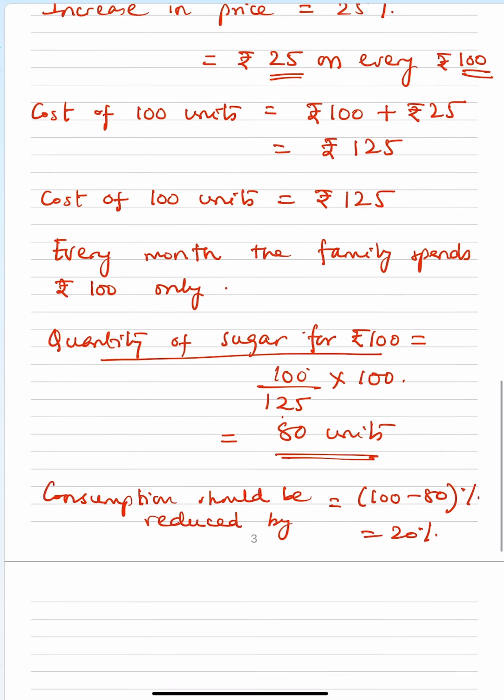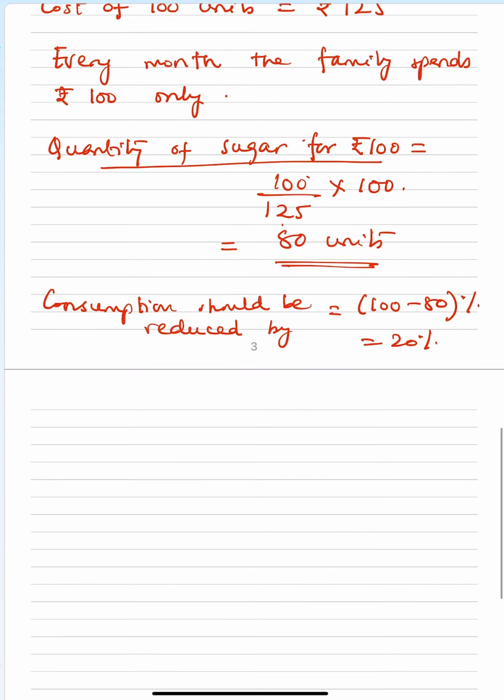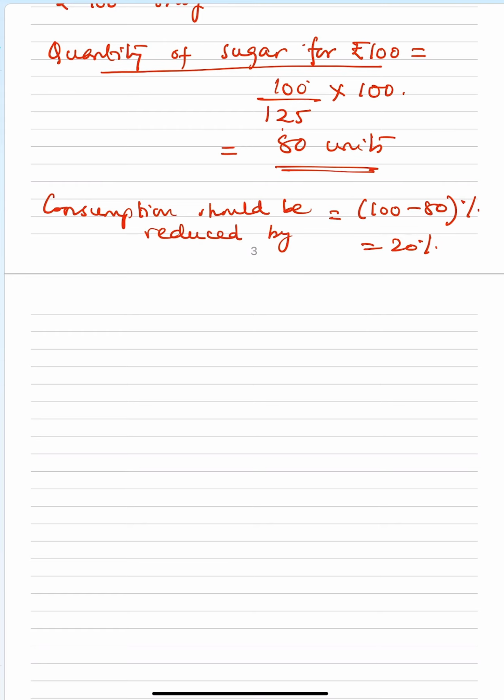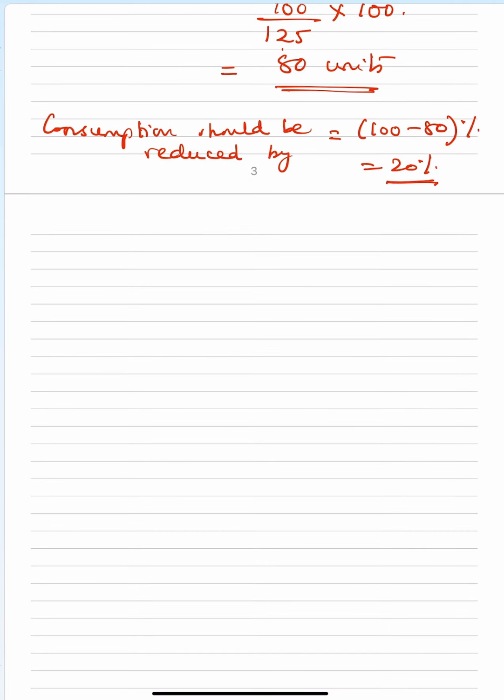But the cost of 100 units after the increase is 125. Every month this family is spending only 100 rupees. So in 100 rupees, how much quantity of sugar will come? We get 80 units after the price increase. So they should decrease by 20 percentage. Okay, so this way you need to do the sums.